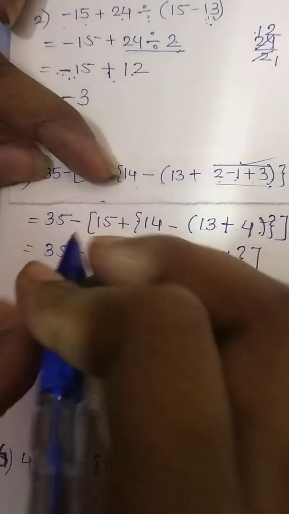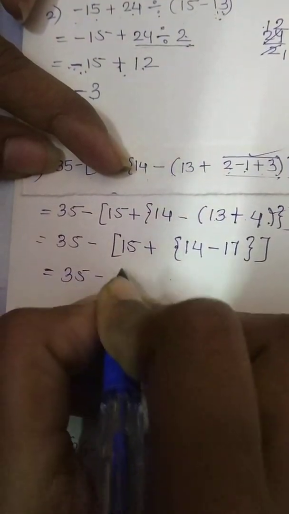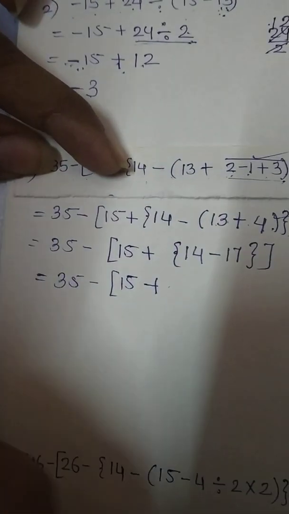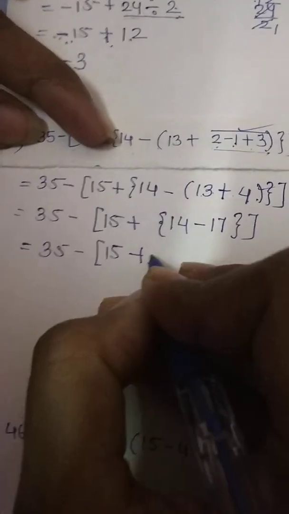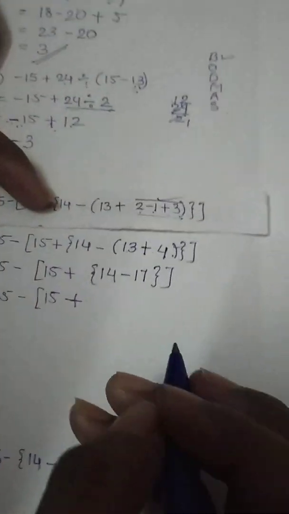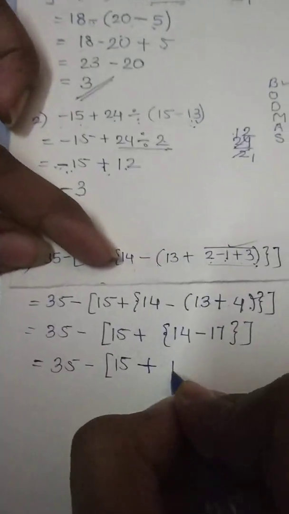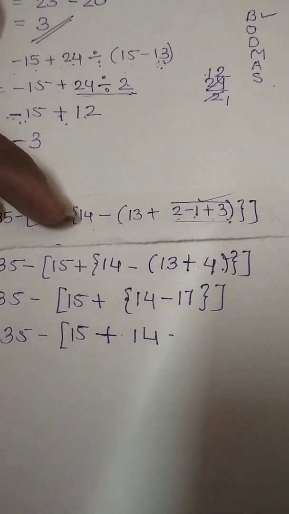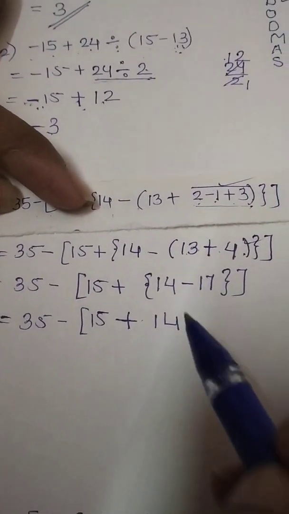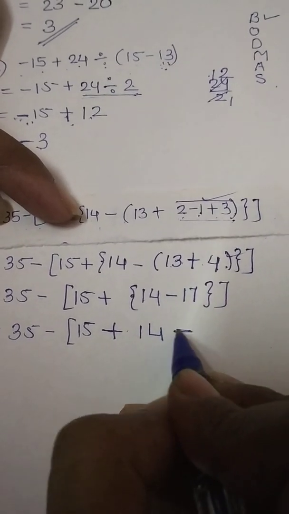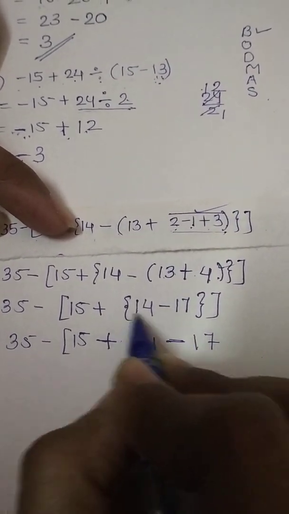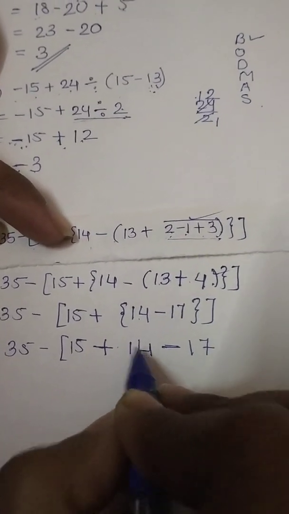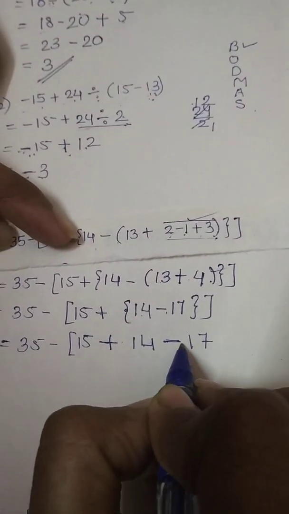Now next one. 35 minus 15 plus 14. Now students, pay attention. Here minus 17. So I have opened the bracket. Plus minus minus.